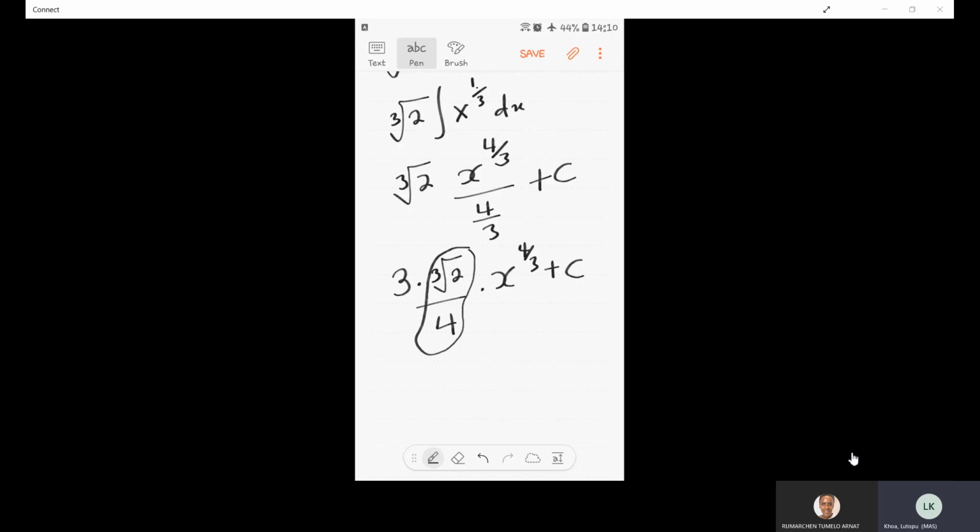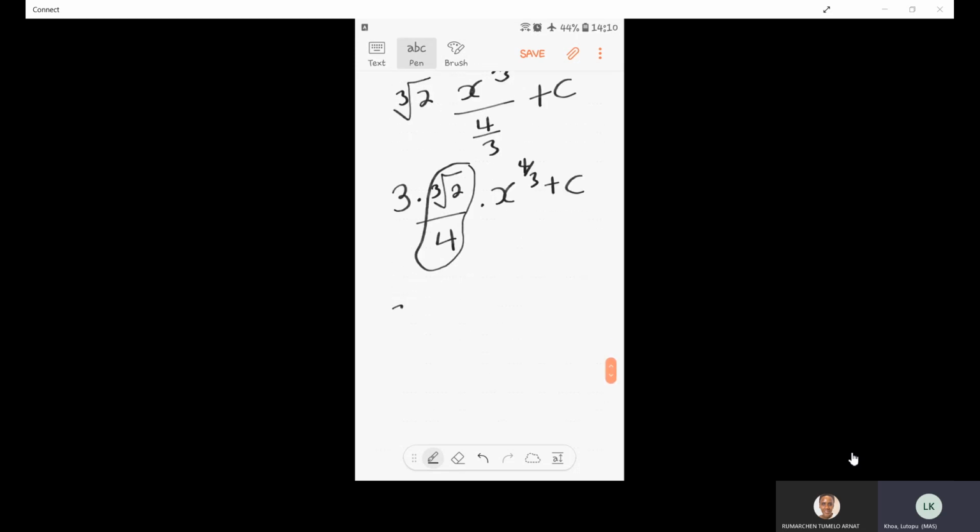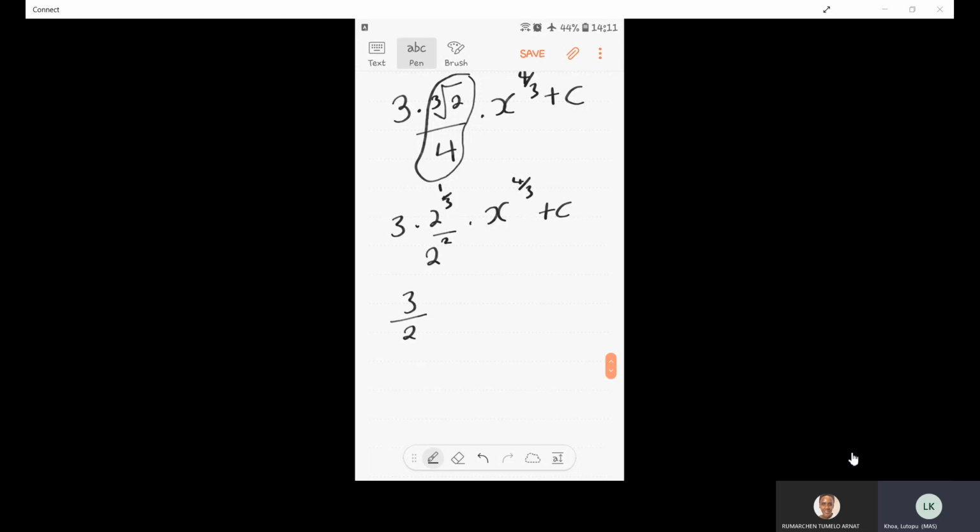So what I have is this, 3 times 2 to the power of 1 over 3 over 2 to the power of 2, times x to the power of 4 over 3 plus c. This is 3 over 2 to the power of 1 2/3, which is 4 over 3.